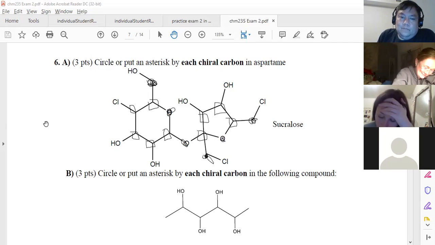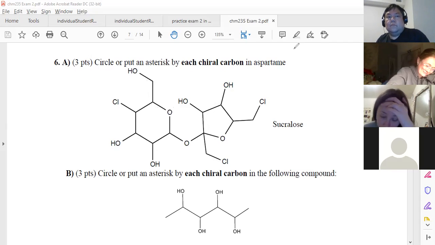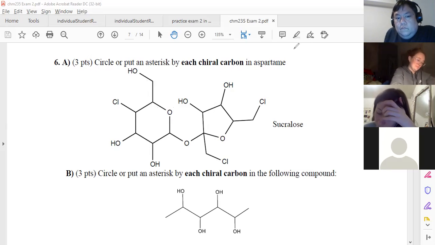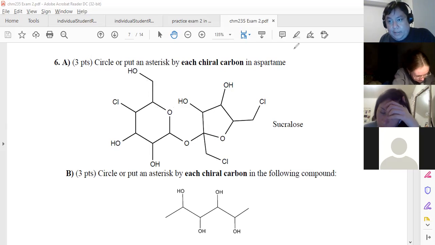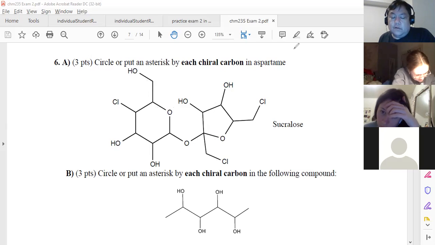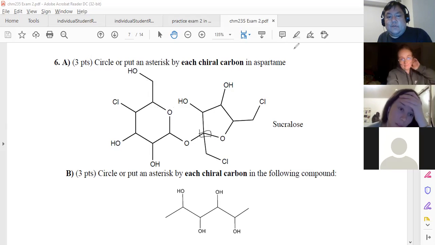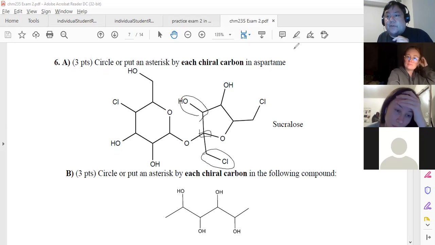I'm confused because a carbon will be attached to 2 carbons. But remember, it's only if it's a plane of symmetry. So let's look at this one here. This is a CH2Cl, right? So that's unique, correct? This goes to a carbon, that goes to an OH. So that's unique because none of the others go there. This goes to an oxygen, this goes to an oxygen.